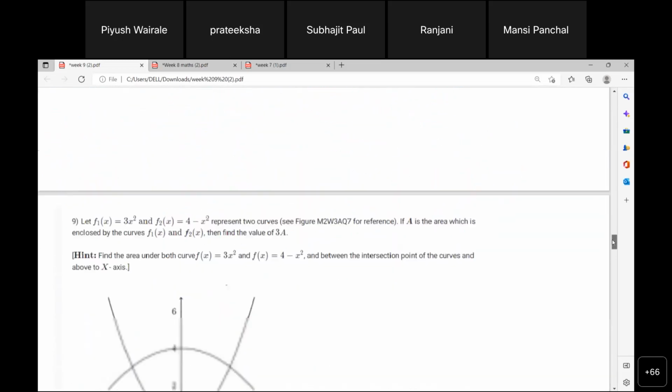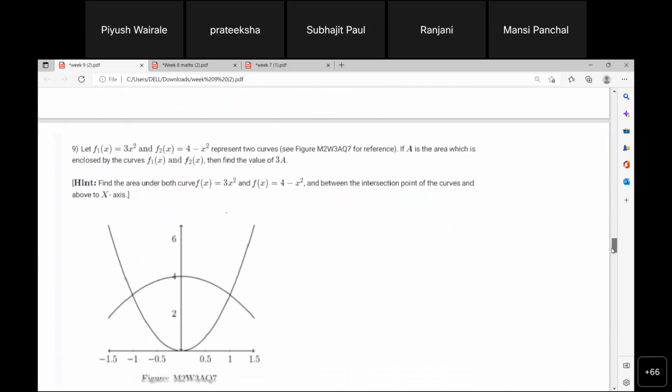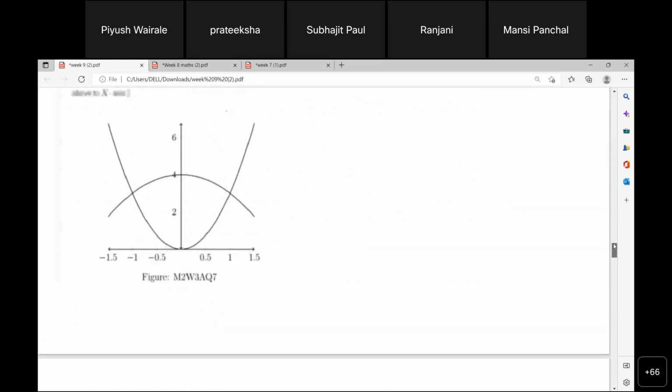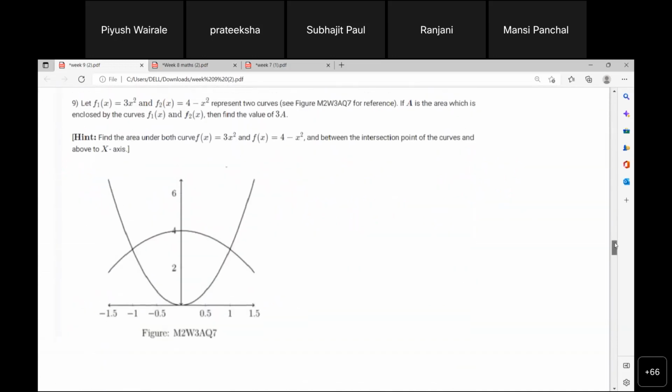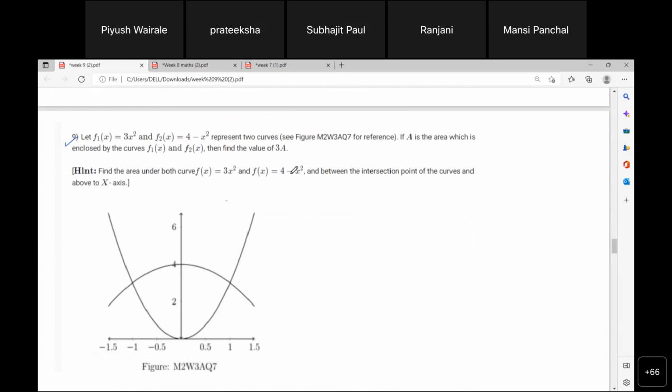Yeah, so there are a few examples. Just tell me the approach, how will you approach this particular question? We have to find out the area enclosed by f of x1 and x2, right?